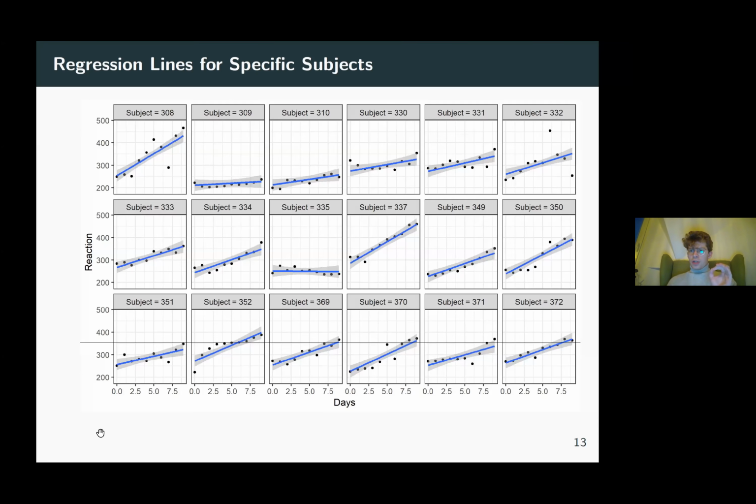So I could, in other words, just fit a linear regression model, ignoring that we have multiple observations per person, and basically just say we have, in this case, 180 conditionally independent data points, without recurring to the fact that some of those data points are from the same person.